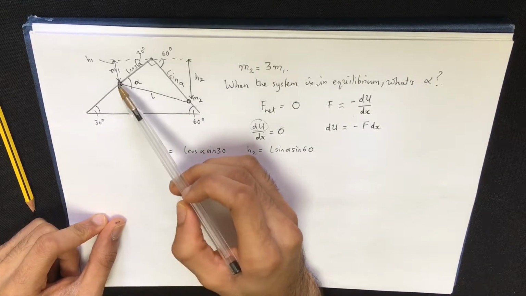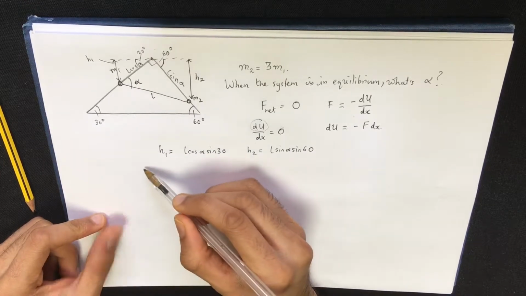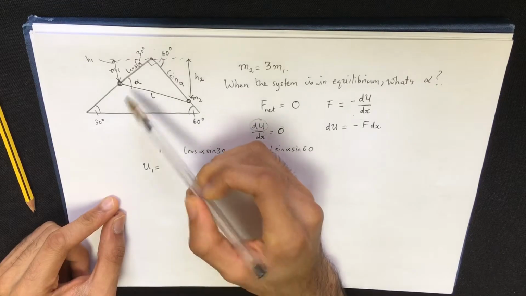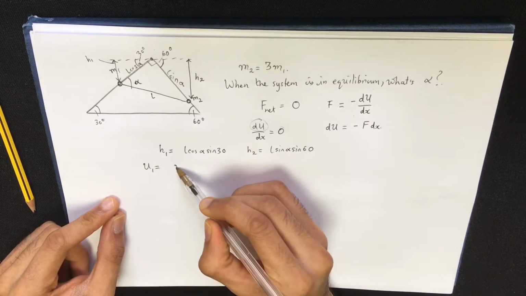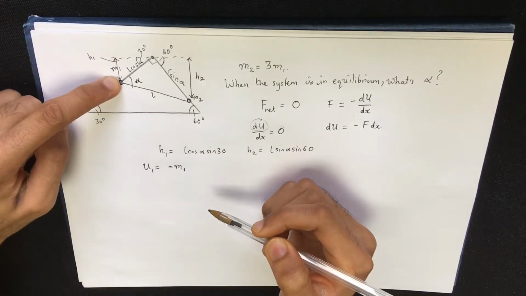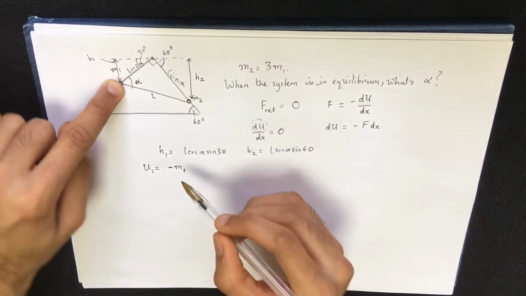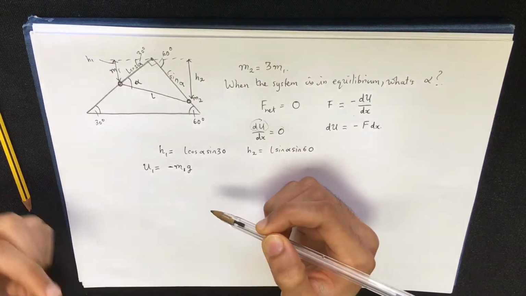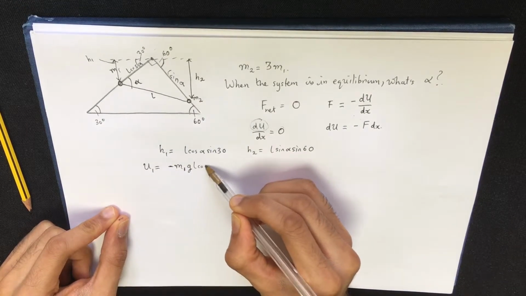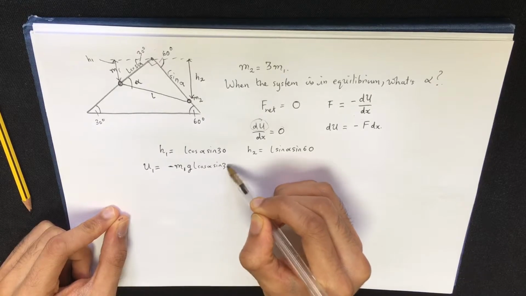So what's the potential energy of mass 1 going to be? I'm going to call the potential energy of mass 1 U1, and its potential energy is going to be equal to minus M1, because it's below the zero potential energy point, times g, the acceleration due to gravity, times this H1 term here, so L cos alpha sine 30.